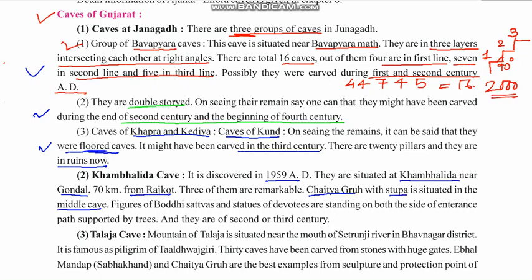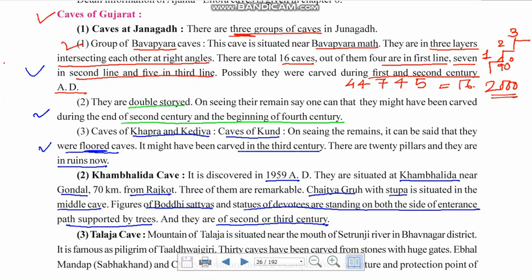Figures of Bodhisattvas and statues of devotees are standing on both sides of the entrance, supported by trees. You can see carvings of beautiful statues and Bodhisattvas. They are of the 2nd to 3rd century.